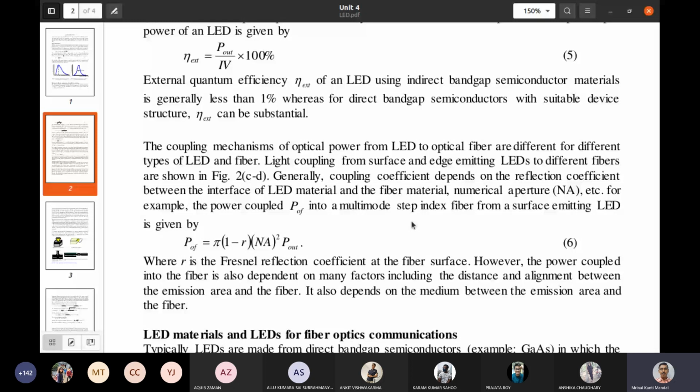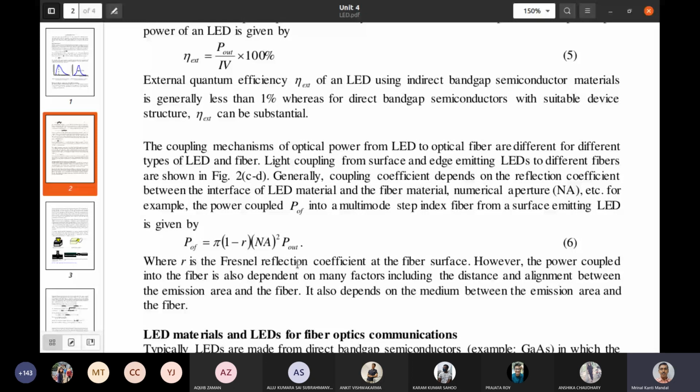So if it is a surface emitting LED, then the optical power coupled to the fiber, that P OF, is equal to pi into 1 minus R into NA square into P out, where P out is the output power of the LED, NA is the numerical aperture of the fiber, and R is the Fresnel reflection coefficient of the fiber surface, in which surface it is coupled.